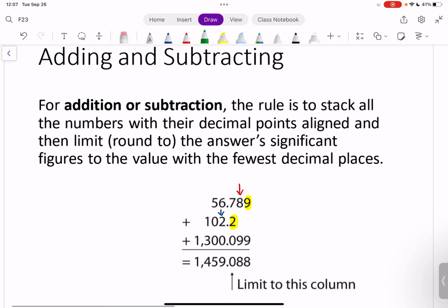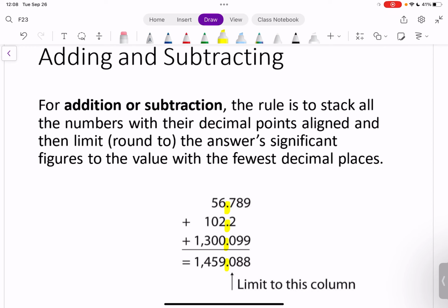And then all the way back here again, we are certain to this digit, and this last one is our estimated digit. So these two, the red and the green, are both more accurate, more certain than the middle number, than the blue.